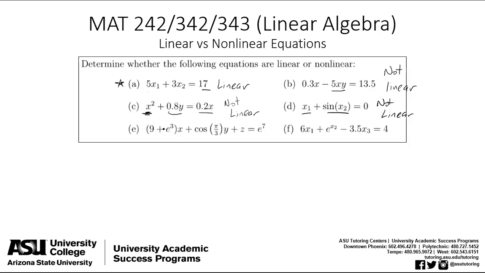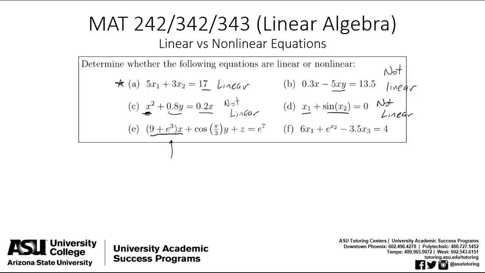Okay, we come down here to question E. So up front here, our first term, the 9 plus e cubed times x. So the x is fine, right? It's just being raised to the first power. We look at this e term, and it's being cubed. But the thing is, that's totally fine because e is a constant, right? So e cubed is also just some constant.